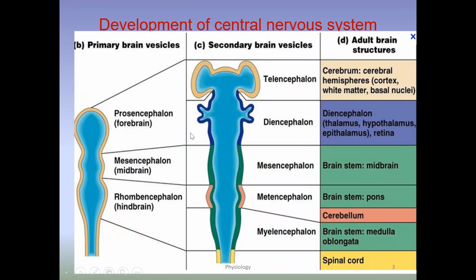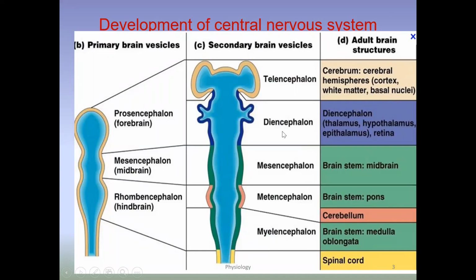You know how our brain is developed embryologically from different cells: prosencephalon, forebrain; mesencephalon, midbrain; rhombencephalon, hindbrain. Out of that, the telencephalon forms the majority components of the cerebrum, that is the cerebral cortex, cerebral hemisphere, white matter, and basal nuclei, also called basal ganglia.